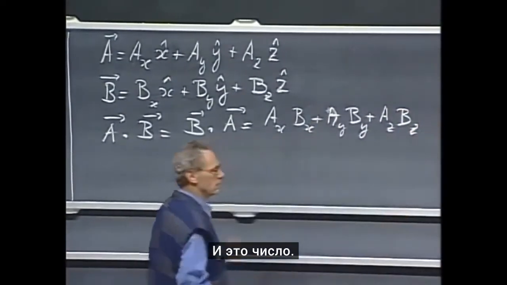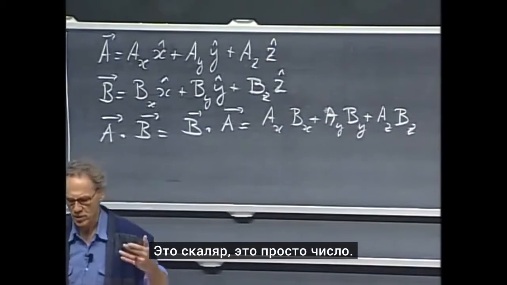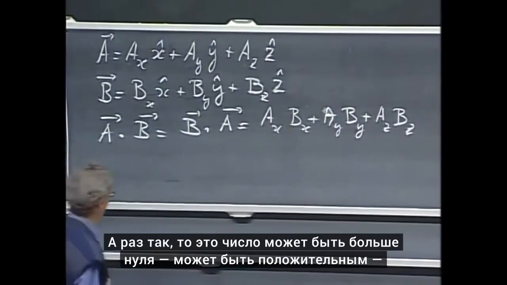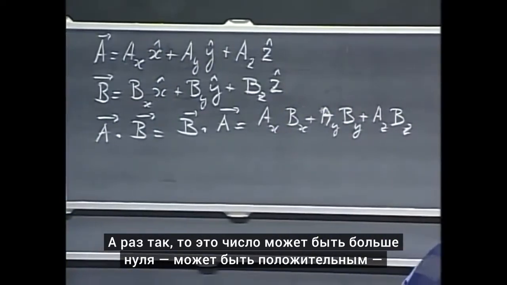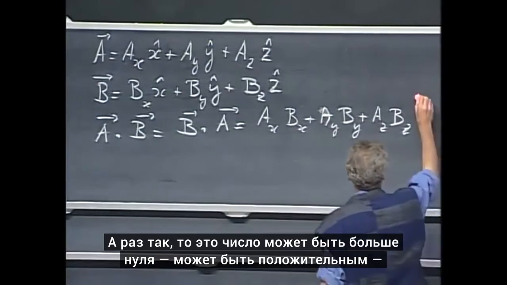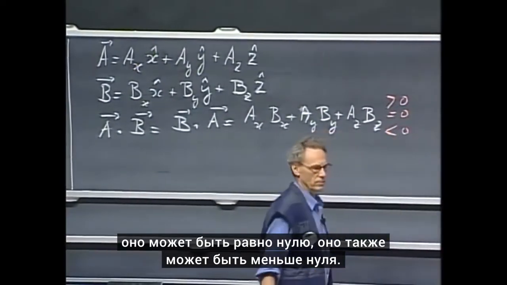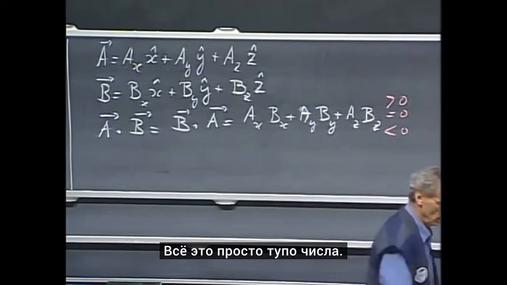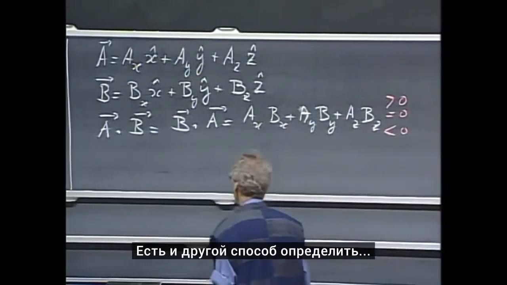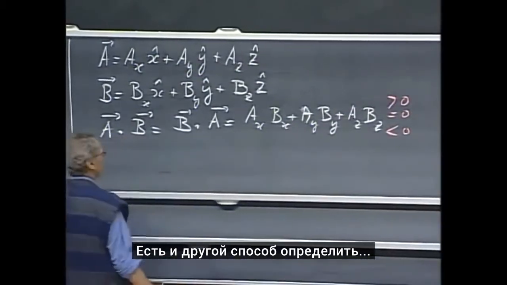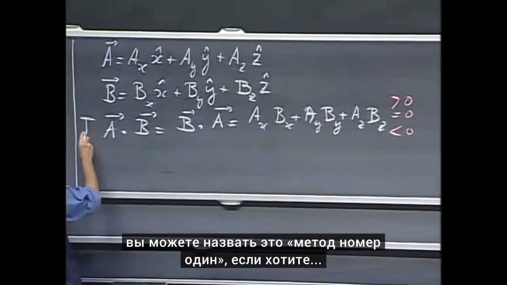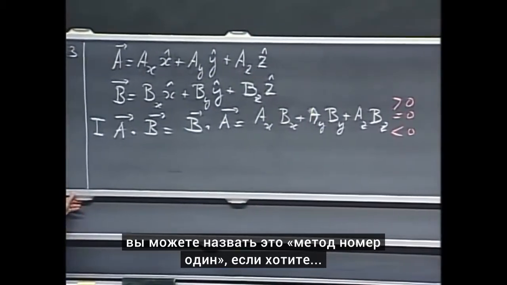It is a number. It is a scalar, it is a simple number. And so this number can be larger than 0, it can be positive, it can be equal to 0, it can also be smaller than 0. They're just dumb numbers.